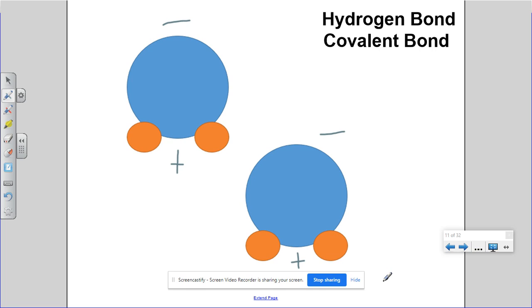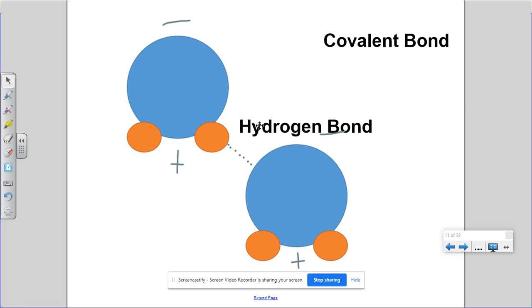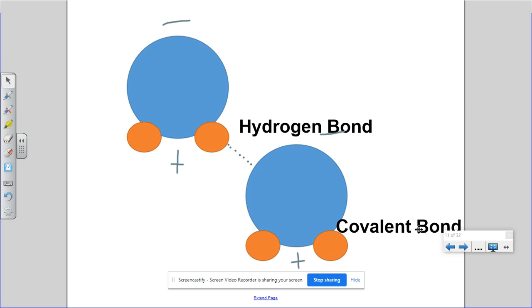So whenever the water molecules are close to each other, the negative and the positive are going to attract to each other. This forms a weak bond. That's why we always draw it with dotted lines. This weak bond is called a hydrogen bond. Now, the covalent bond is still the bond that's going to connect all our water molecules together.